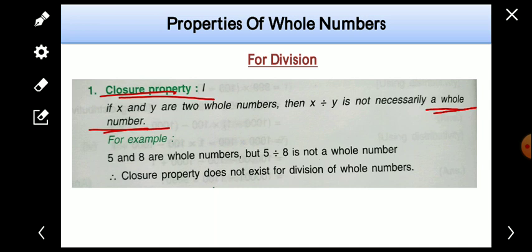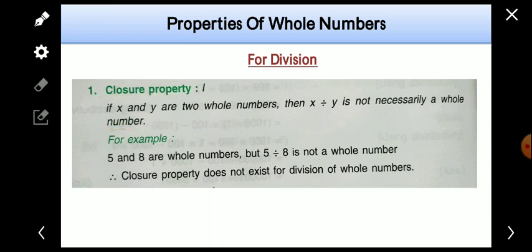If we are getting the same type of number, then we say this is following the closure property. But in division, it is not necessary that we get a whole number as the result. It means whole numbers are not closed under division.